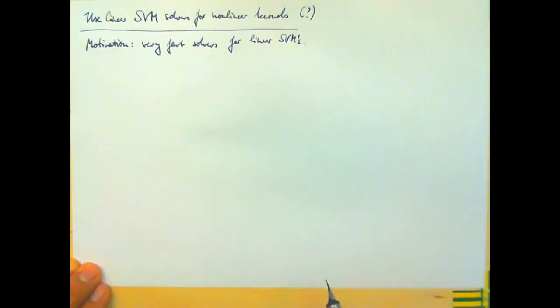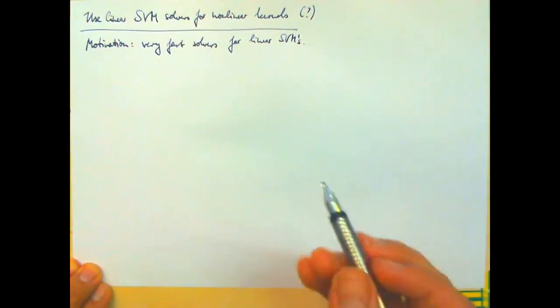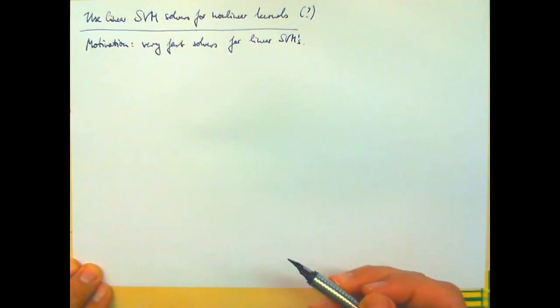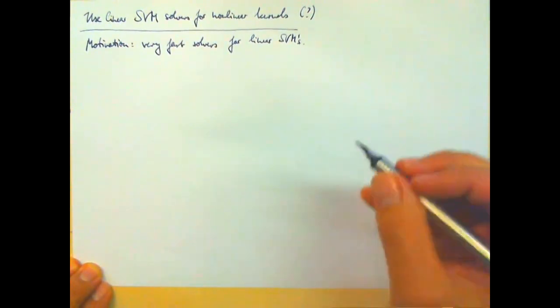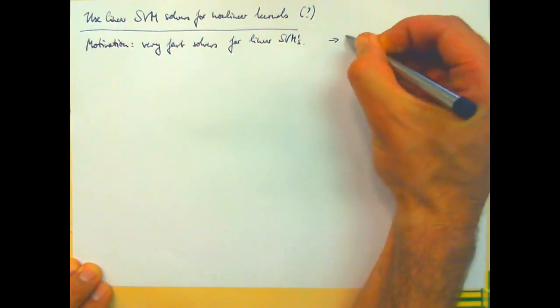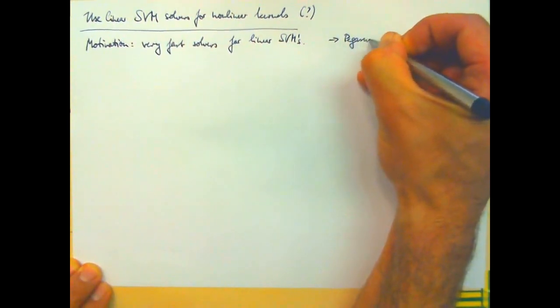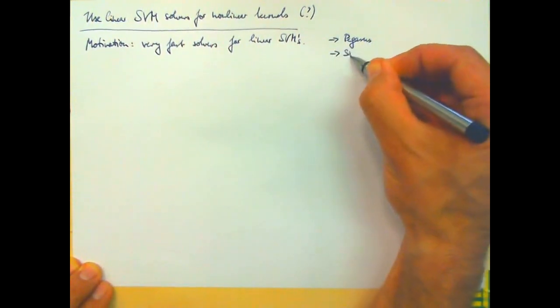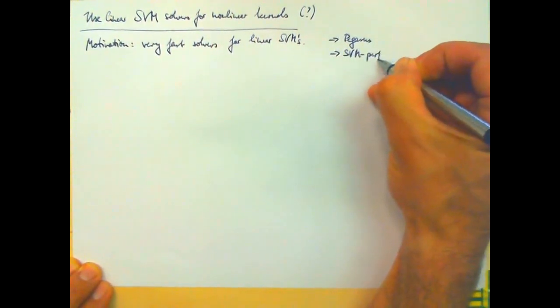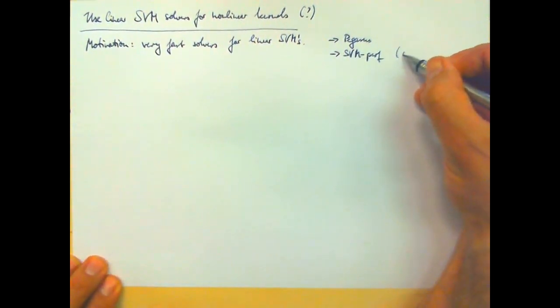And they typically operate in the primal domain using, for example, gradient descent. There is a method called Pegasos, or I've previously mentioned SVM Perf, which uses a so-called cutting planes approach.